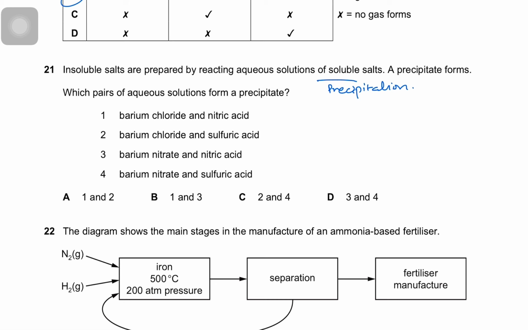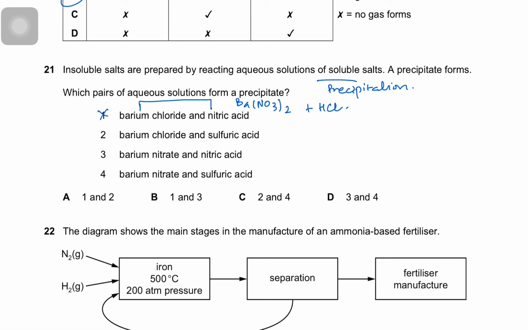Which pair of aqueous solutions form a precipitate? Barium chloride and nitric acid. So when barium chloride reacts with nitric acid, it gives you barium nitrate, which is Ba(NO3)2, and then the H part, the proton of the nitric acid, reacts with chloride, so it gives you HCl. So not a precipitate. 1 is wrong.